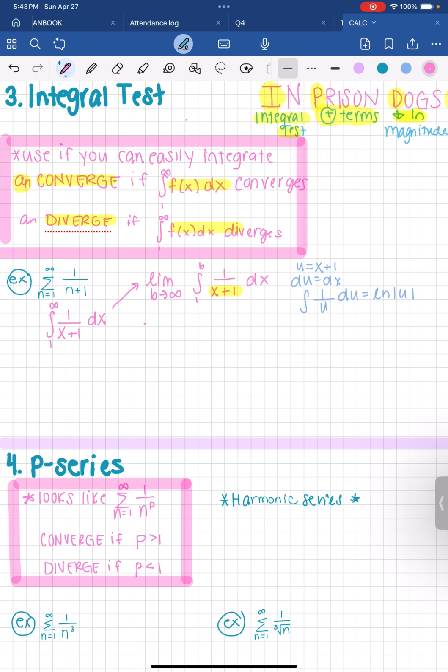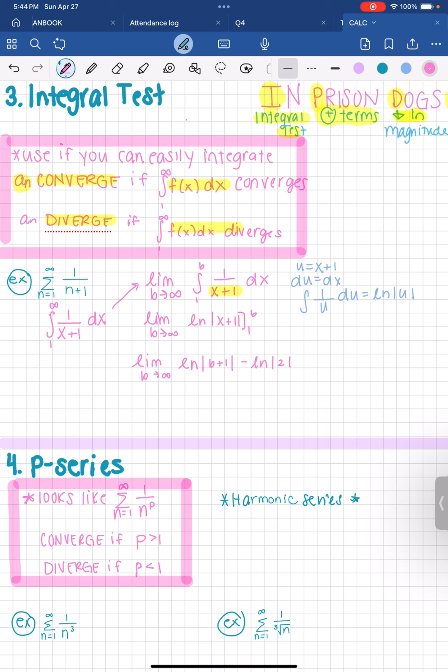So this is going to become the limit as b approaches infinity of the ln absolute value of x plus 1 from 1 to b. Okay, so now we're going to have the limit as b approaches infinity of the ln absolute value of b plus 1 minus the ln absolute value of 1 plus 1, which is 2.